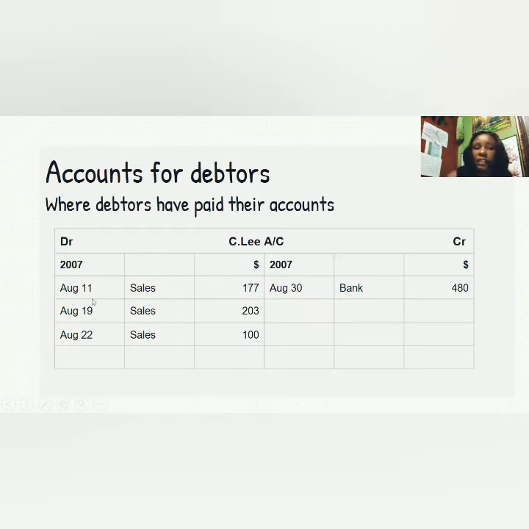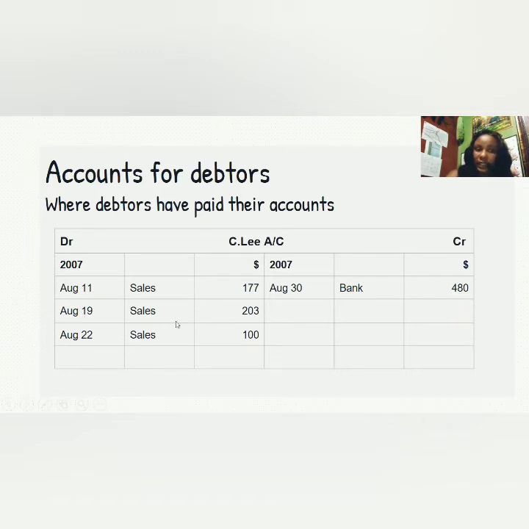Now, August 11, sales 177. What does that mean? It means that on August 11, we sold goods to Sealy, 177 on credit.